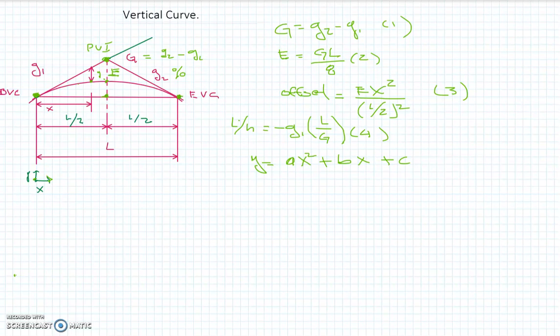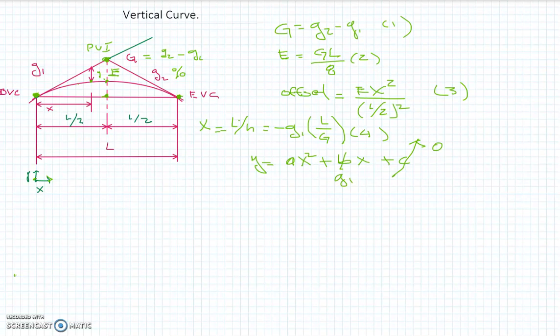From here you can find your distance x from the beginning of the curve to the low or high point. If you put your axis at the beginning of the vertical curve, c is 0 and b is G1.